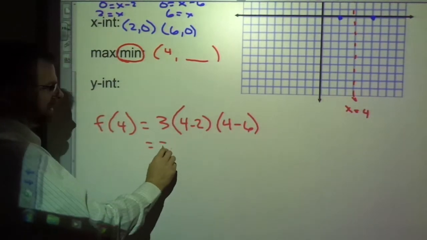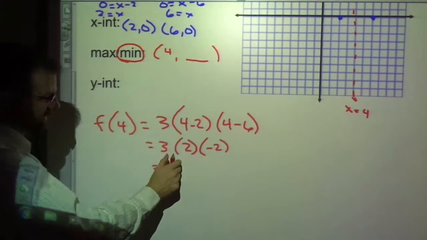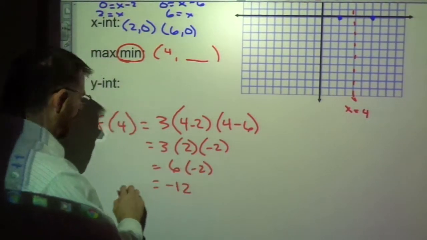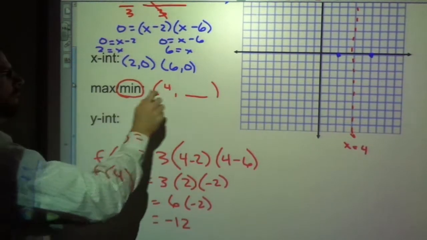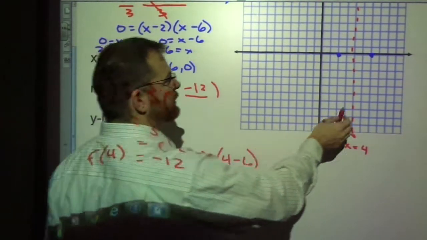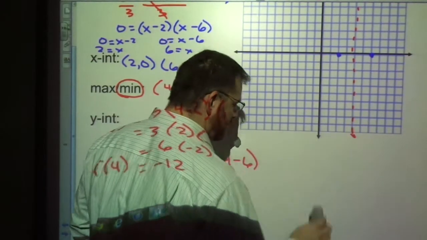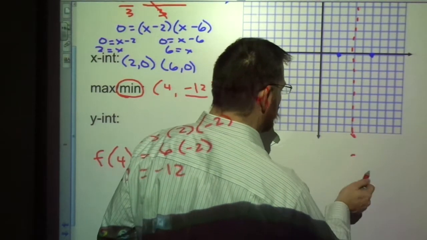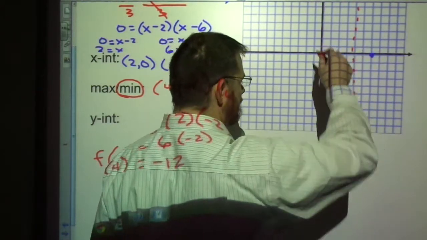So that gives me 3 times 2 times negative 2, which is 6 times negative 2, which is negative 12. I think that's going to be off my graph. But when x is 4, y is negative 12, so that's 10, 11, 12. Let's just pretend my graph's a little bit bigger here. There is my minimum, and it's going to be coming up like this.